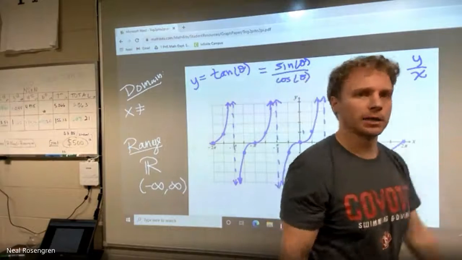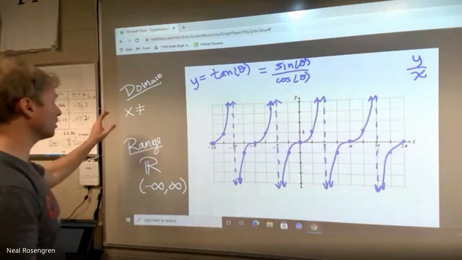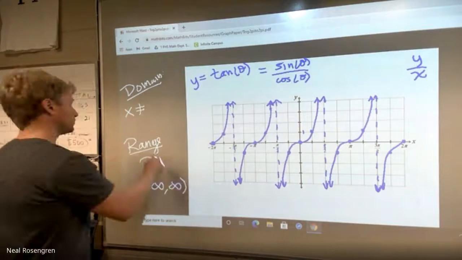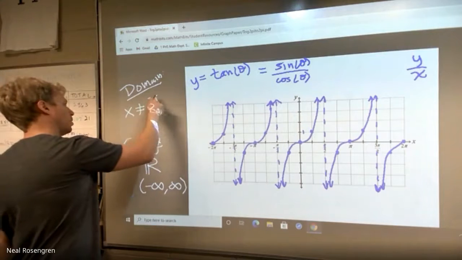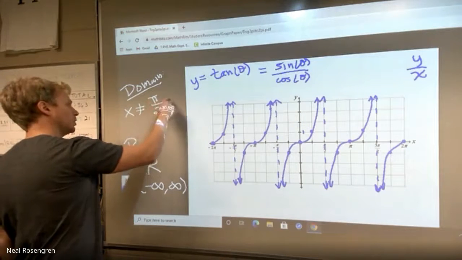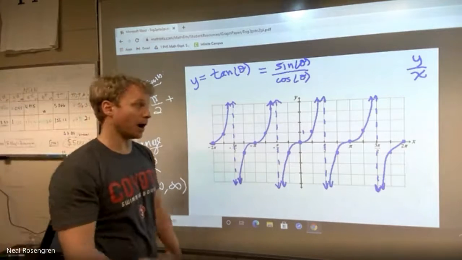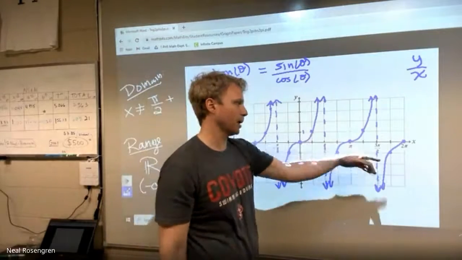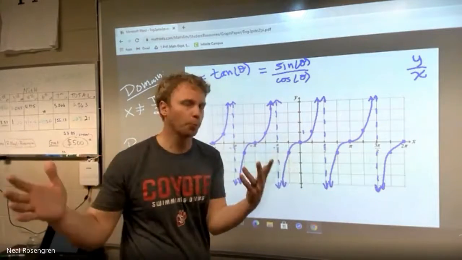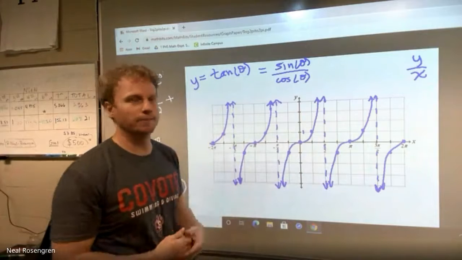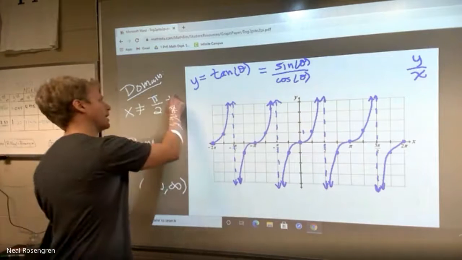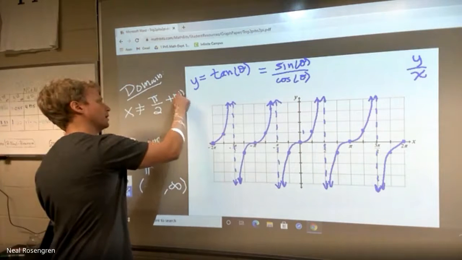And so here's what that looks like. All of the x's that aren't π/2 and then plus multiples of pi, right? Because from π/2 to 3π/2, that distance is 2π/2, which is just pi. And so I'm going to call that n pi.